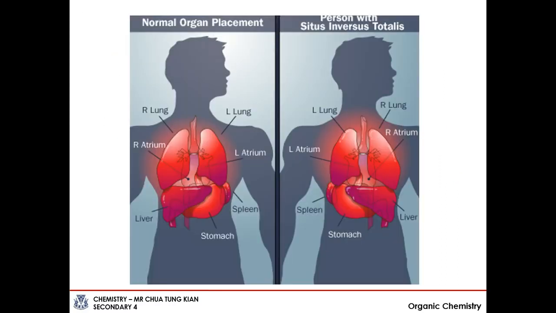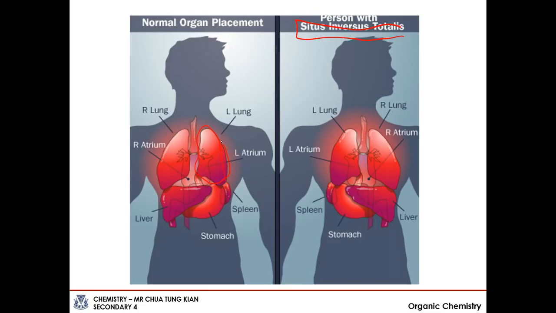Okay. But is there another way of drawing a more complex alkane? There's this medical condition which is called situs inversus totalis. If you look at this diagram here, this guy's left lung is on his usual left side. This is the normal.